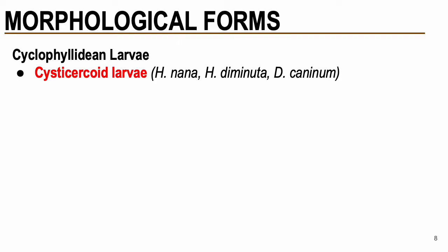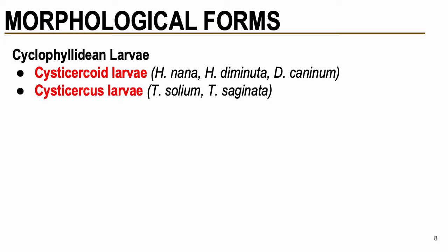The cysticercoid larva is associated with Hymenolepis nana, Hymenolepis diminuta, and Dipylidium caninum. The cysticercus larva is common to Taenia species such as Taenia solium and Taenia saginata. And the hydatid cyst is for Echinococcus granulosus.